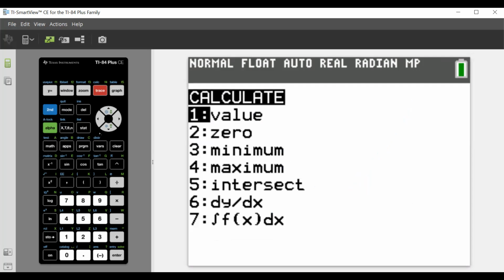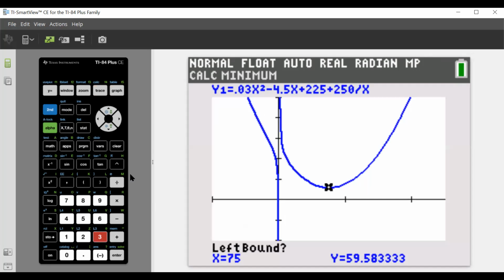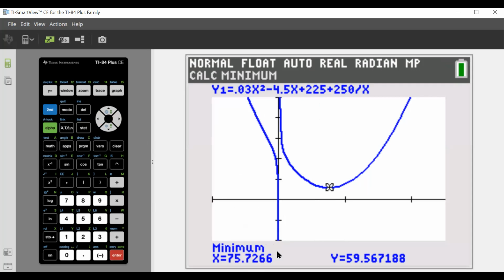So where do we do that? We do second trace, number 3. Let's go over here somewhere and choose that as our left bound. We'll come over here again and choose that as our right bound. And then somewhere here in the middle, that's going to be our actual minimum. So 75.73 and 59.57.